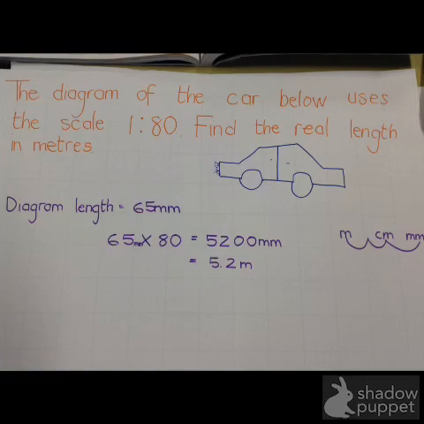So what you do is you measure it from there to there, okay, and the diagram length is 65 millimeters. So we put the 65 millimeters underneath the 1, which means we've got to multiply it by 80. Whatever the diagram length is, we multiply it by 80. So we multiply 65 by 80 and we get 5,200 millimeters.